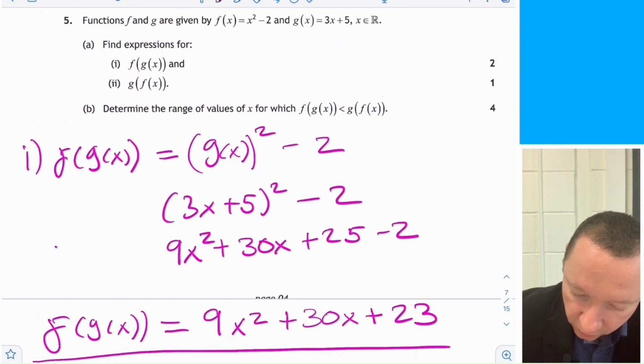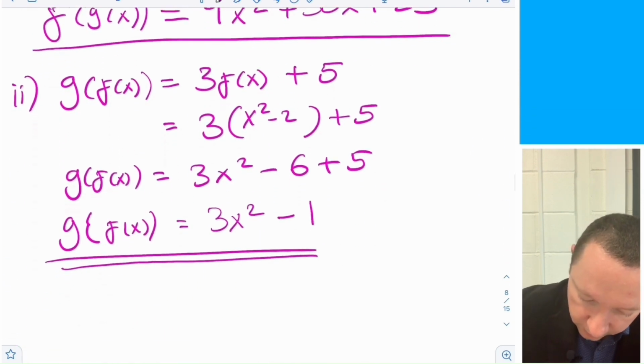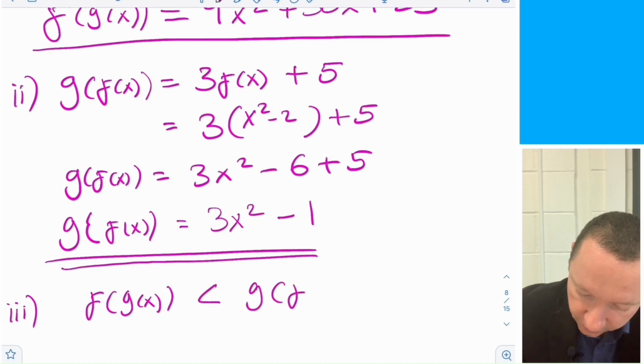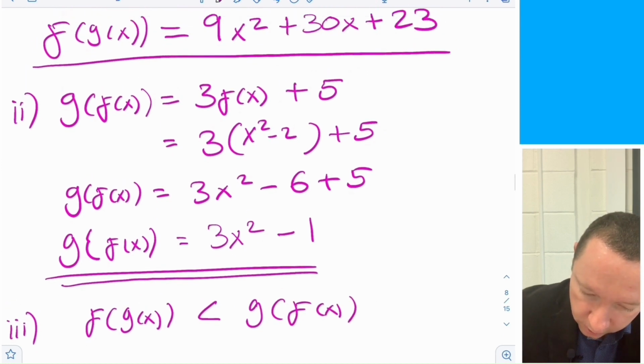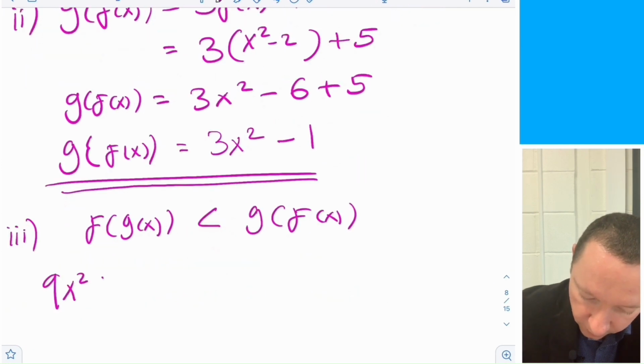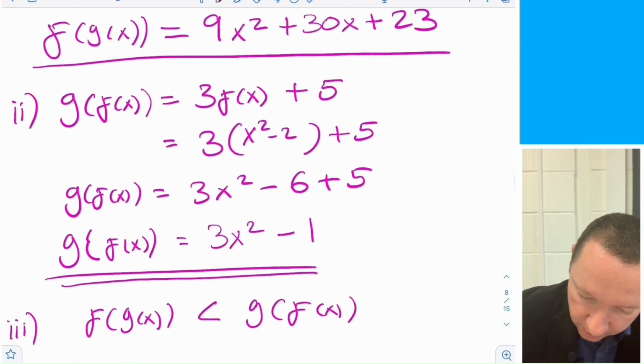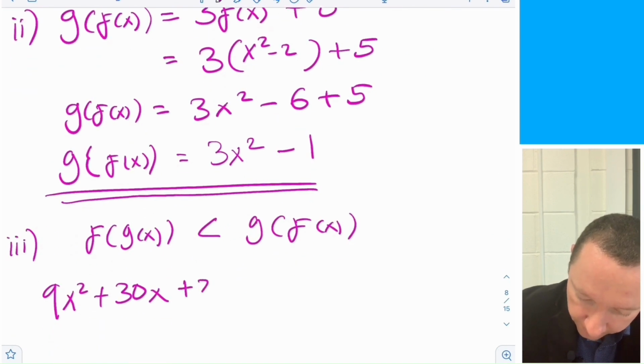Determine the range of values for which f of g of x is less than g of f of x. So we're saying f of g is less than g of f. So 9x squared plus 30x plus 23 has to be less than 3x squared take away 1.